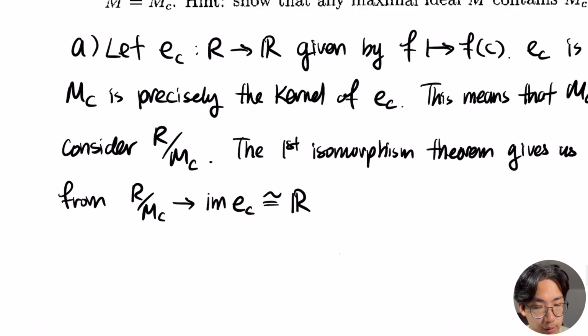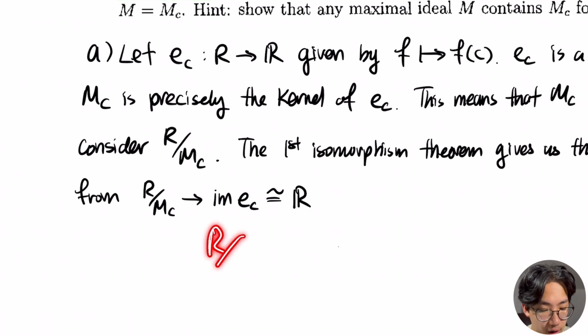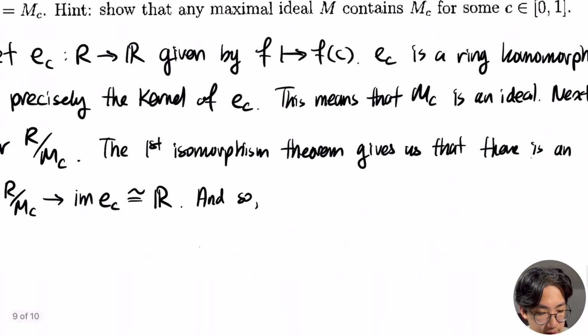Normally with the first isomorphism theorem, we're looking at R mod the kernel of the map, but we already claimed and showed that M sub C is just the kernel of the evaluation map. And so with this, we have that R mod I, or M sub C, is actually just isomorphic to R, which is a field.